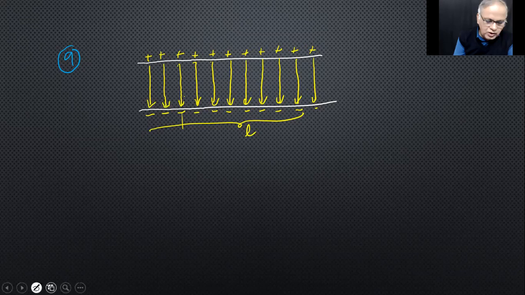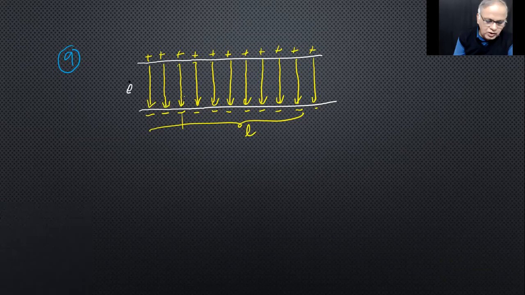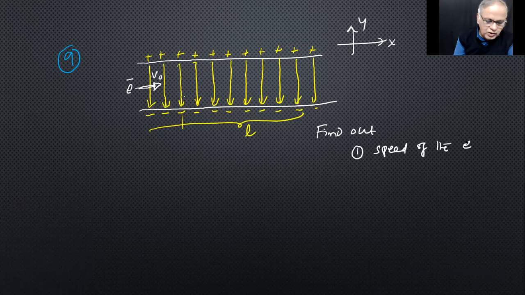Now, one electron is fired into the space with a speed V0. Taking this as X and this as Y, find out: one, the speed of the electron when it comes out of the field.